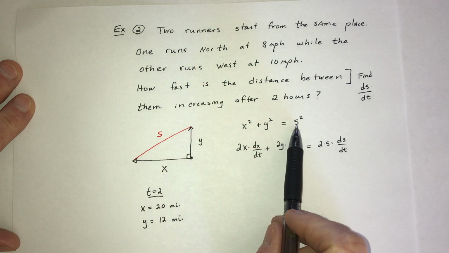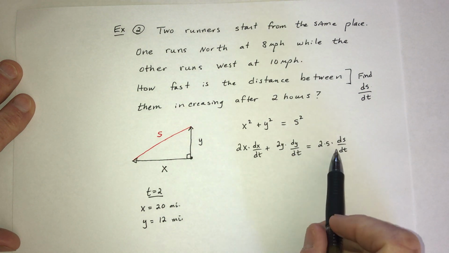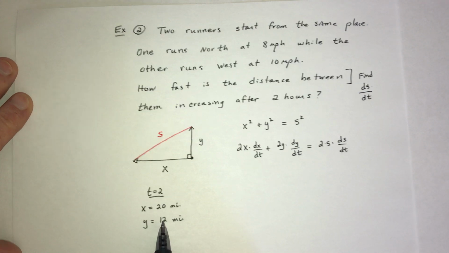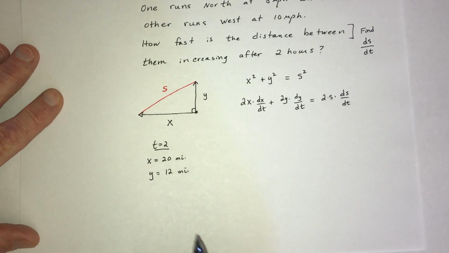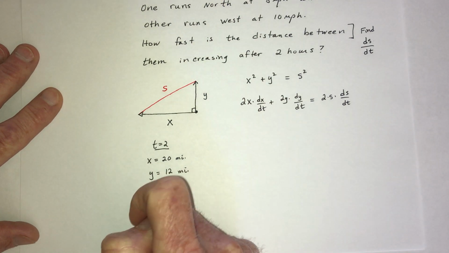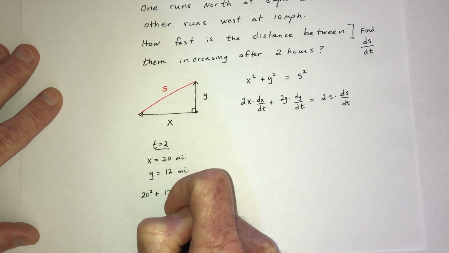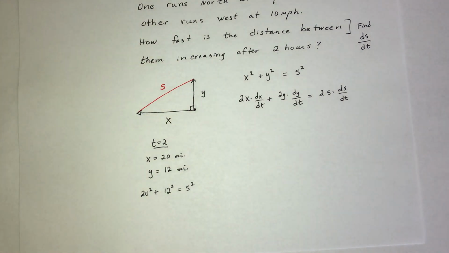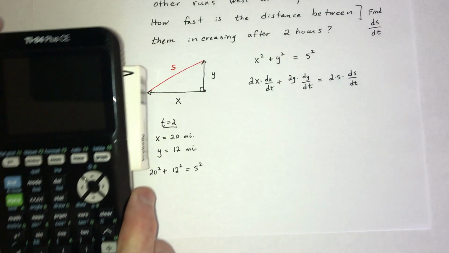And since we already have the 12 and the 20, we could actually plug those in and we could solve for s. So on these problems, quite often you'll have the calculus part, and then over to the side you'll have some algebra part. So keep those separated. So over here is going to be the algebra part. So now using the Pythagorean theorem, 20 squared plus 12 squared equals s squared. So then take the square root of that.